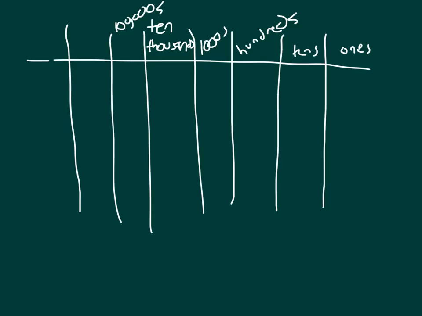And then we have the millions place. And what would come next is the 10 millions place. So if you look at this again with me, we have ones, tens, hundreds, thousands, 10,000s, 100,000s, millions.